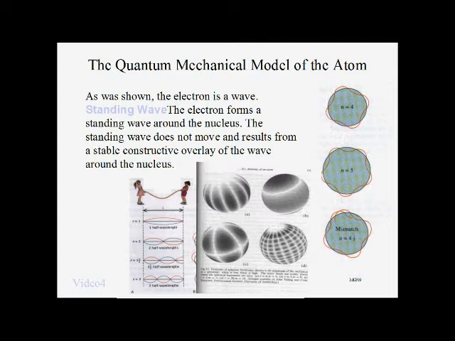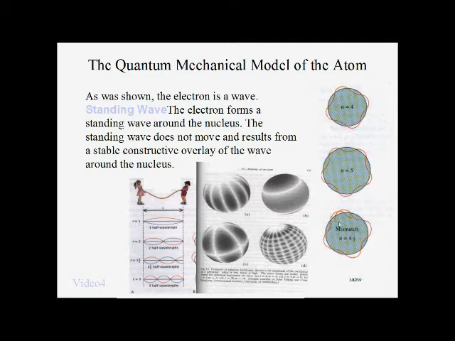So these electrons, they're matter particles, but they are also waves. We have done many experiments showing the wave nature of these particles. And one of the wave natures is that when they meet themselves, they will have interference, either constructive or destructive interference. So if an electron meets itself at the same phase of its wave, it will have constructive interference, and its presence in that location will increase.